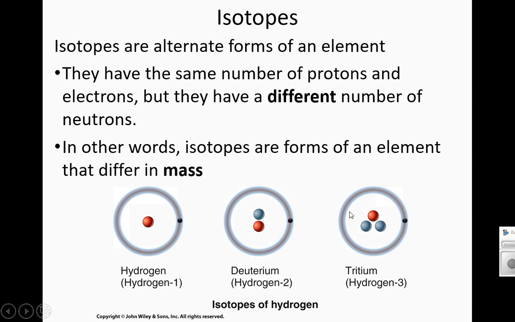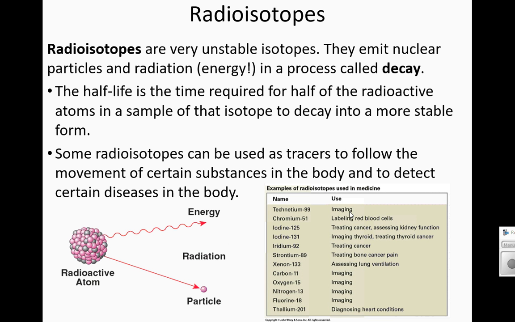Okay. Now, why is this important to us? Well, in health and medicine, we can talk about radioisotopes. Radioisotopes are described as very unstable isotopes because of what they do when they break down. They decay or break down, if you want to think of it real simply.